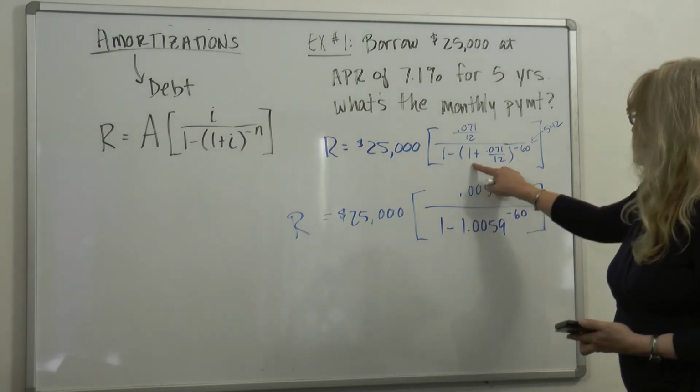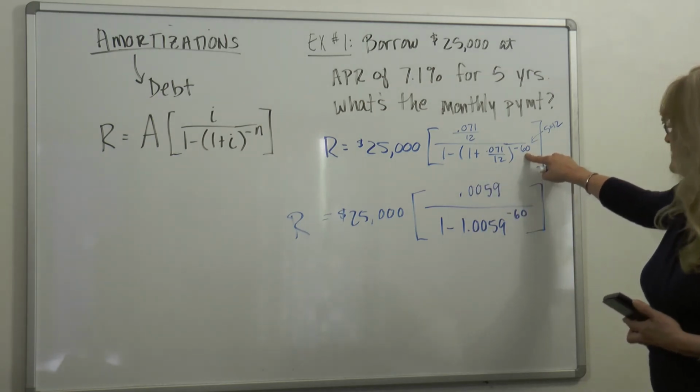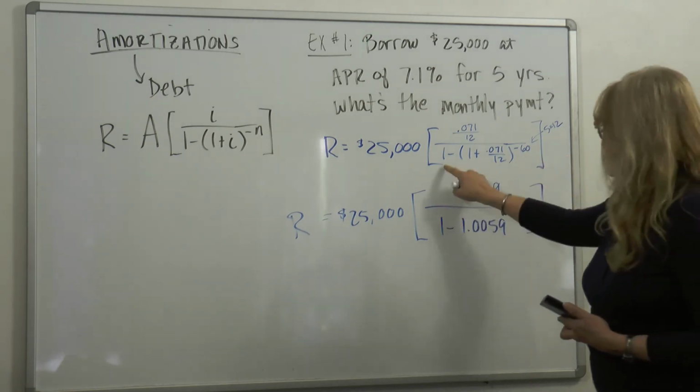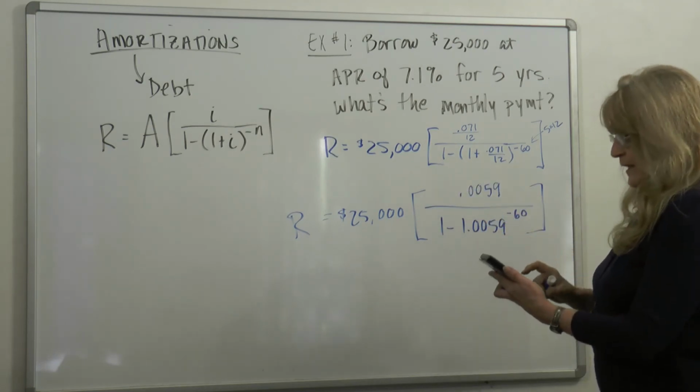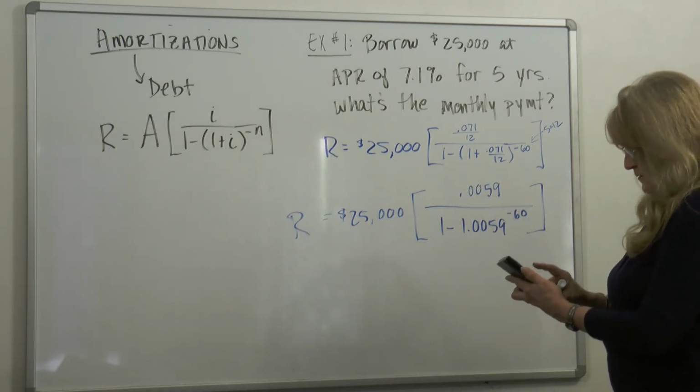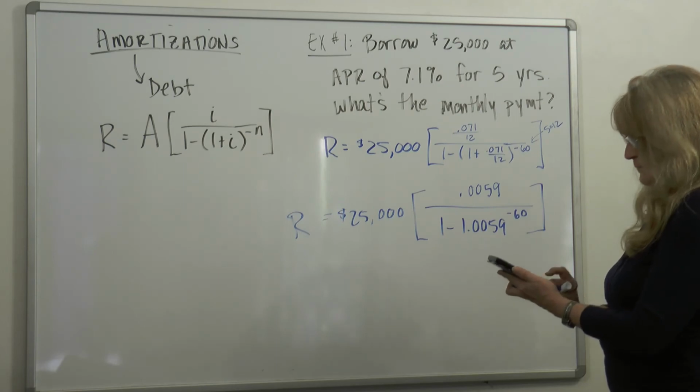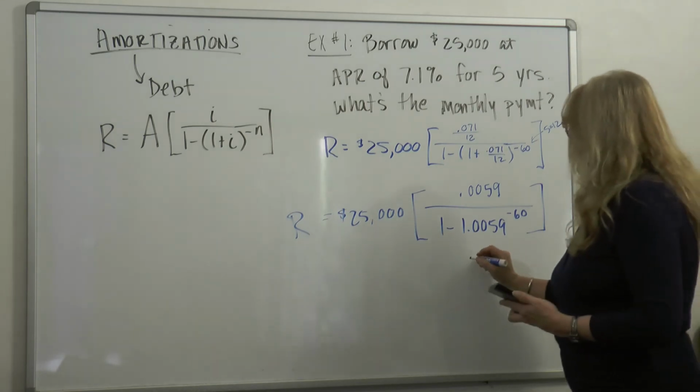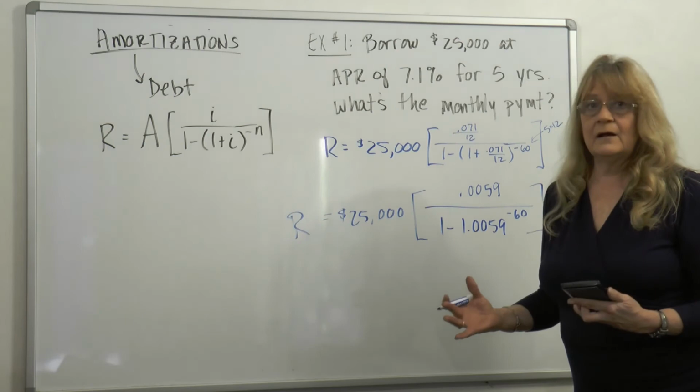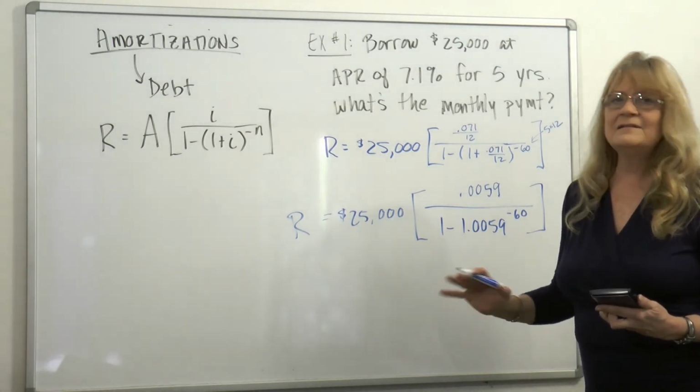Now keep in mind, what we get in here is being taken to this exponent, not this other guy out here. So I take what I have here to the negative 60 power. If you keep rounding, you're going to get a pretty different answer than I have, and that's fine.